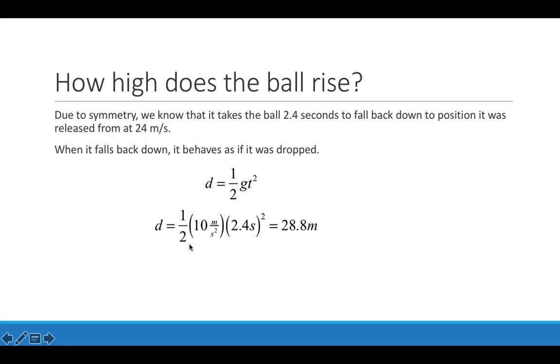So I can take 1/2 g, which is 10 meters per second squared, times the time, 2.4 seconds squared, and I get 28.8 meters. That is the maximum height that the ball reaches. It's also the distance the object falls from the very top until it gets back to where it was thrown from. So we have to make sure we only use the time that it takes to get to the top when we calculate that maximum height.